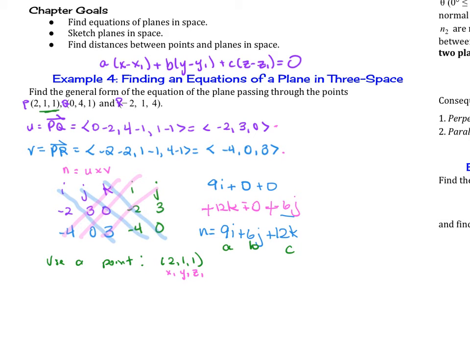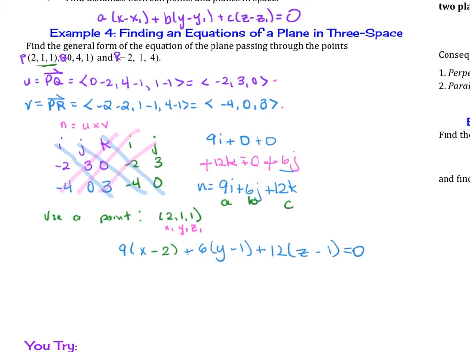A is 9 times x minus our x value, which is 2, plus our b, which is 6, times y minus 1, plus our c value, which is 12, times z minus 1, and that equals 0.